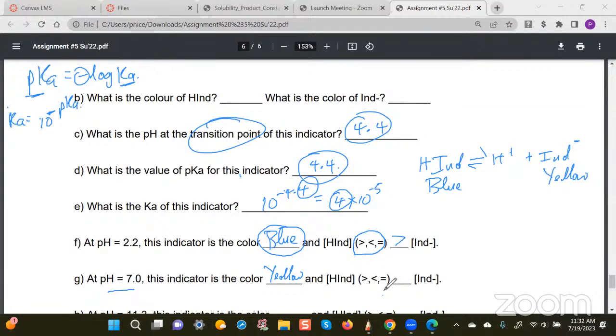Anybody? If the solution is yellow in color, then which one would be of the greater concentration? IND minus. Exactly. So therefore the answer here would be the less than sign. The HIND would be of a lesser concentration compared to the IND minus. Okay, very good. Let me clear this and scroll down.